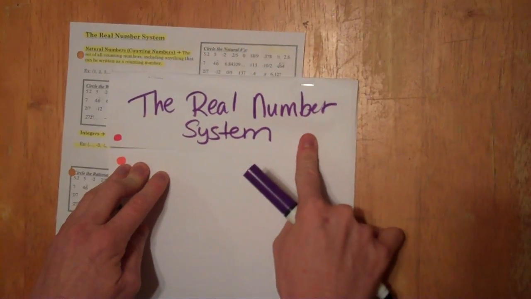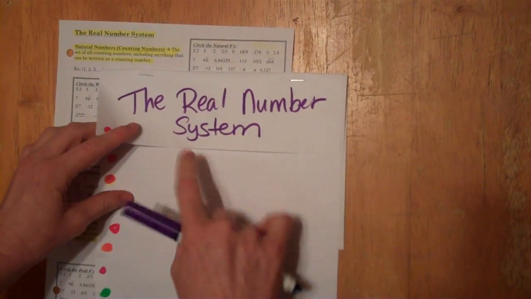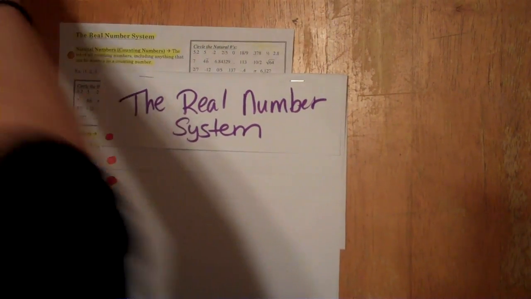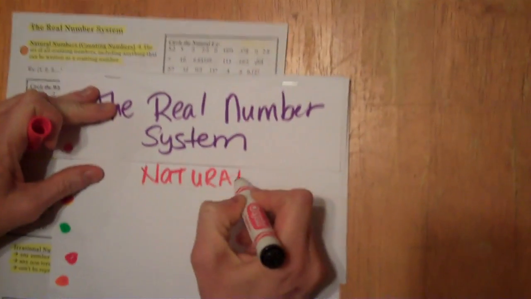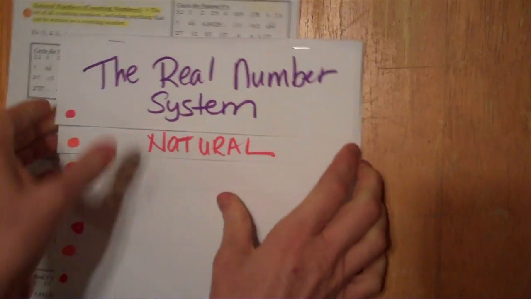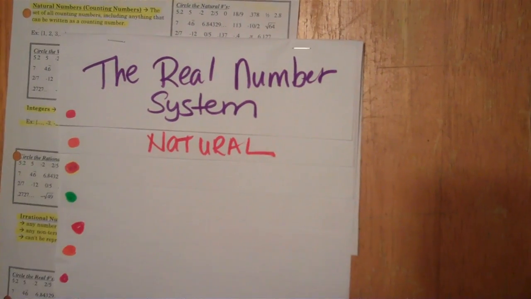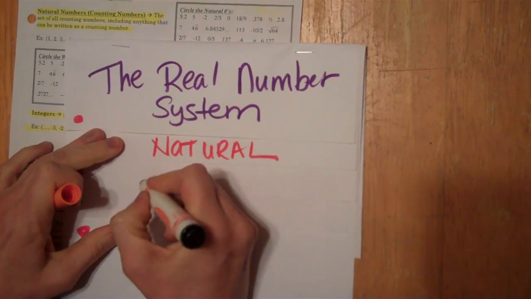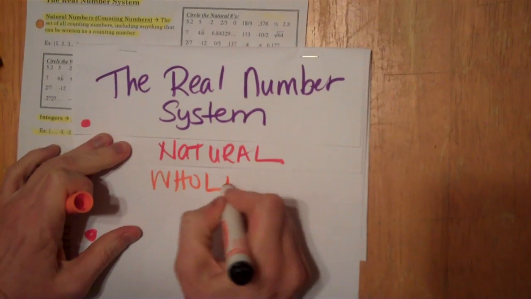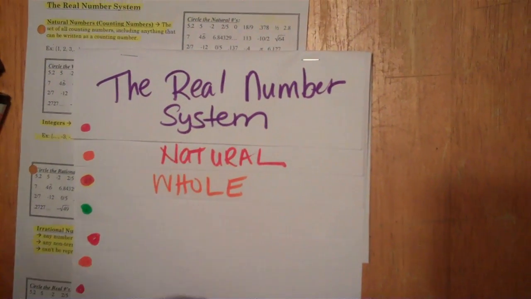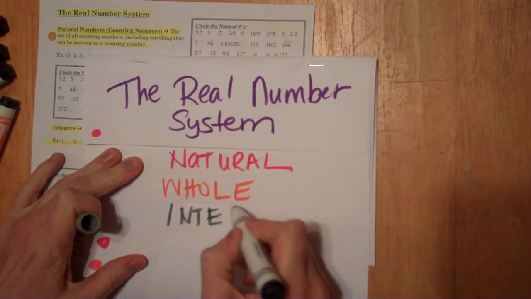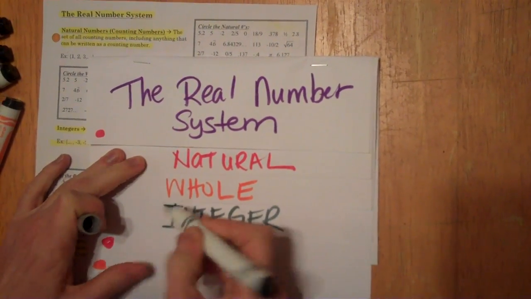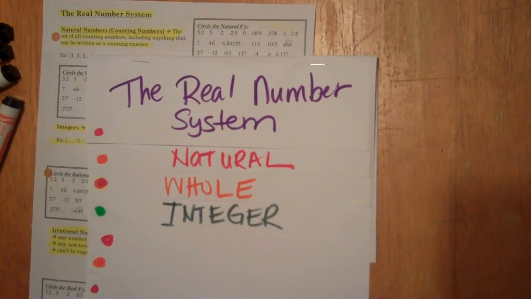Okay, so on the top flap, you're writing real number system. Do not write natural there. You write natural on the next one. So I'm going to write natural on this flap. Okay. Then whole. Then integer. Then rational.